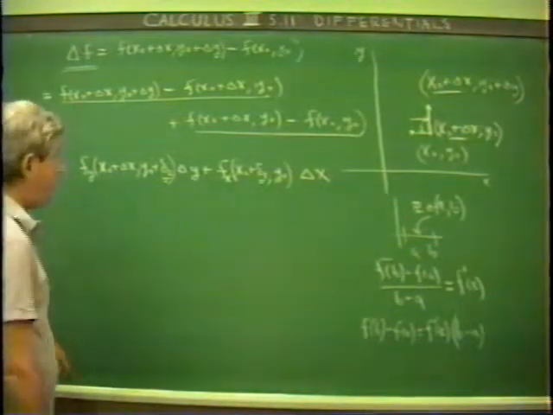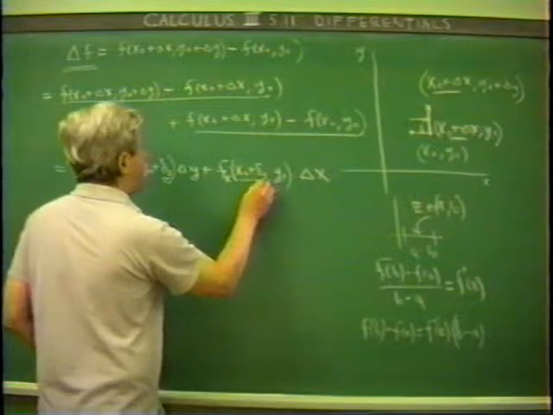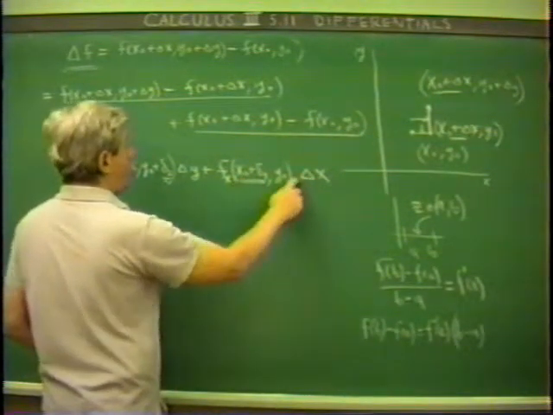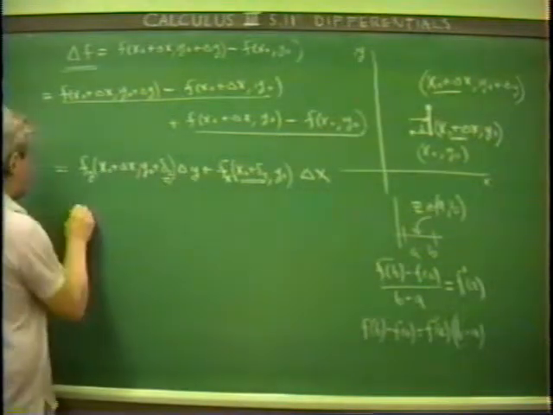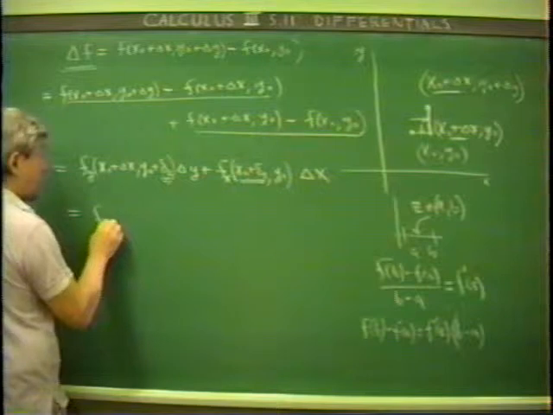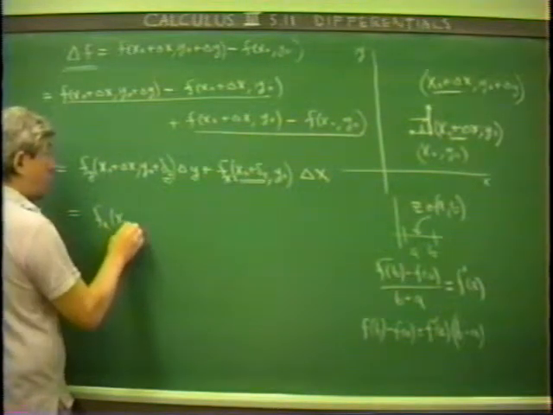Now, if f with respect to x and f with respect to y are continuous, then we can replace this with the value at x naught plus some small change which goes to 0.